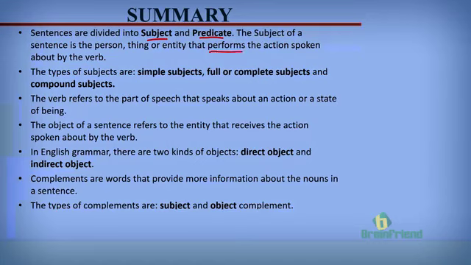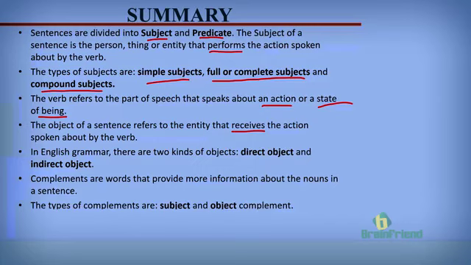We also learned that the types of subjects are simple subjects, full or complete subjects, and compound subjects. We also learned today that the verb refers to the part of speech that speaks about an action or a state of being. We also learned that the object of a sentence refers to the entity that receives the action spoken about by the verb.